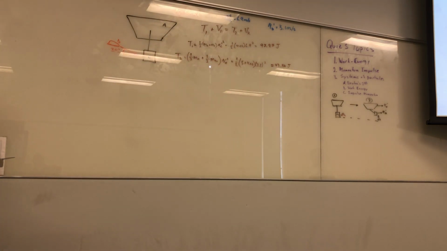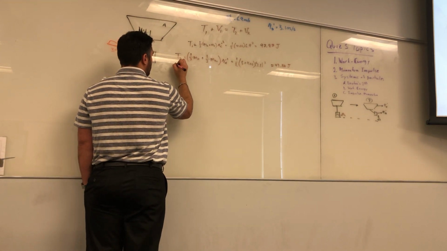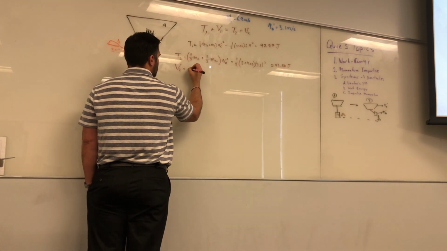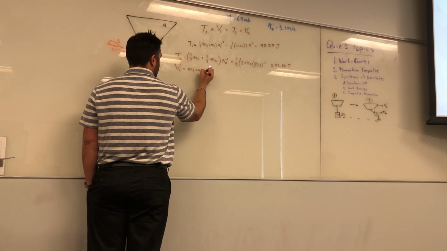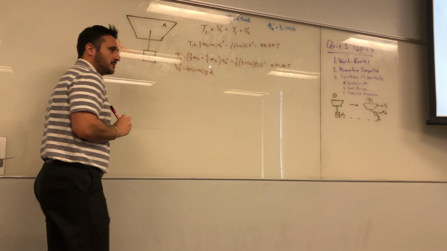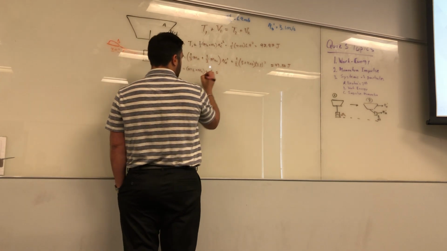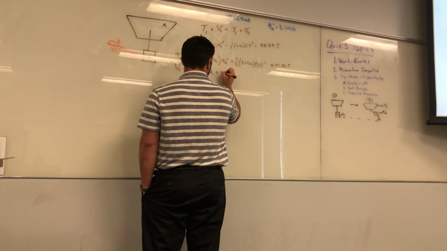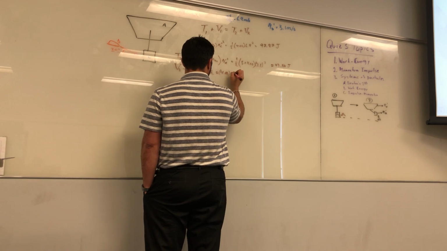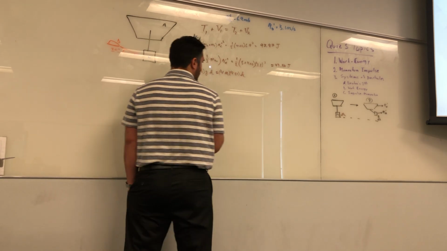And then potential energy, right? In this case, we do have potential energy that we need to deal with. And that's going to be mass B plus mass C, which is 4.06, times gravity, 9.81, times the height that it travels.